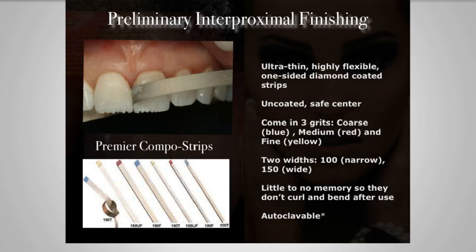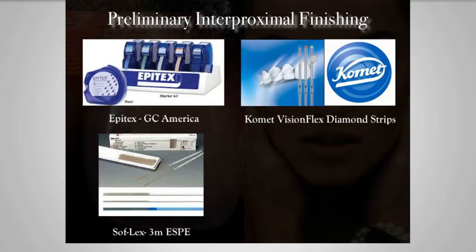And when you get into some of the actual Mylar-backed sanding strips, they're not nearly as aggressive, and can be kept somewhat thinner, and your ability to polish even within the contact, given the various grits that are available out there. Everybody, of course, is familiar with 3M's product. It's been around forever and was probably put in your hands in dental school, but again, another good part of the armamentarium that we'd want to deal with.